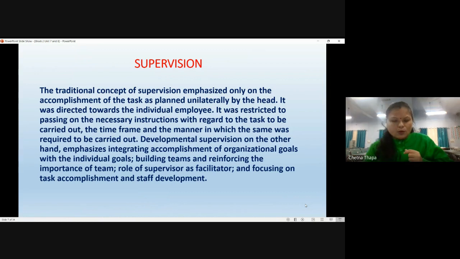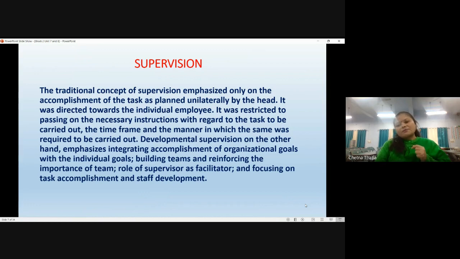And then you focus on building teams and reinforcing the importance of how to work in a team. Here you will play the role of the facilitator, not only a supervisor. You will definitely focus on the task accomplishment, but also on the staff development.